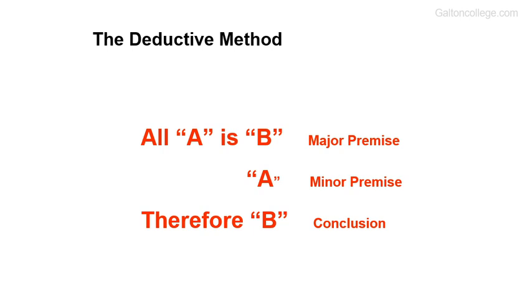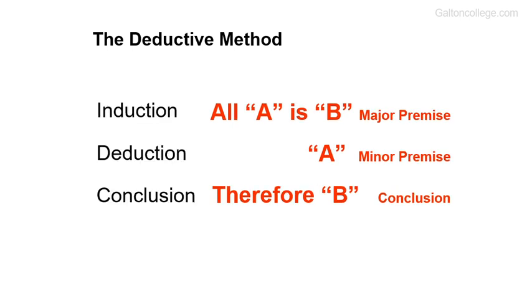It's called a syllogism, by the way. And that's a particular, what's called a mood of the syllogism. That's a universal one. All A is B. Given A, therefore B. So we got all A is B by induction, and then we deduced from A down to the conclusion B.